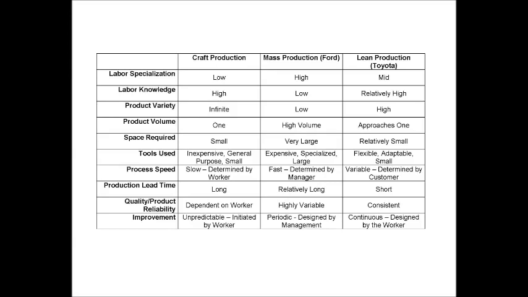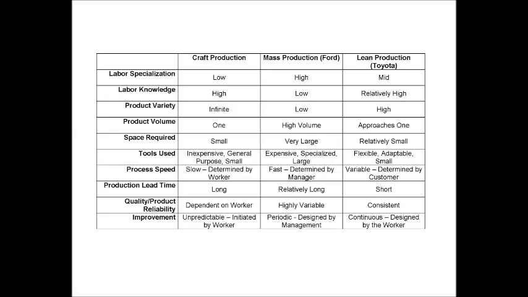The manager, the supervisor, would be the one that controlled the speed of that line. So if the supervisor wanted work to happen faster, then the supervisor or manager would just speed up the line. And so the speed was determined by the manager. The workers had no input on how fast the production line would run.